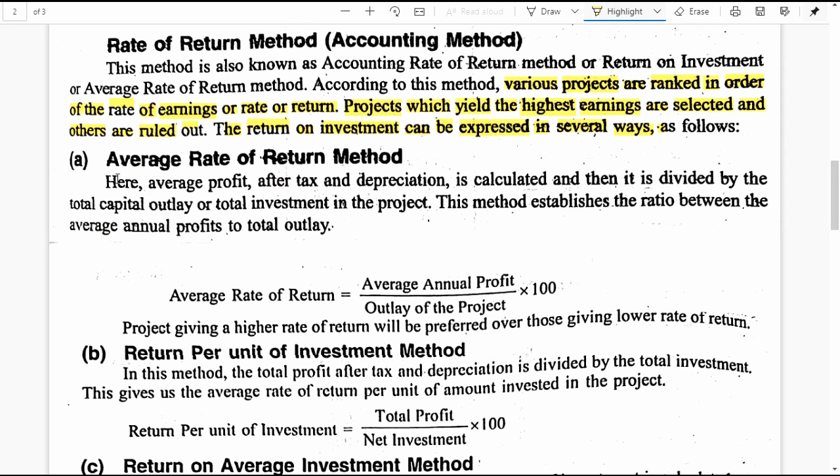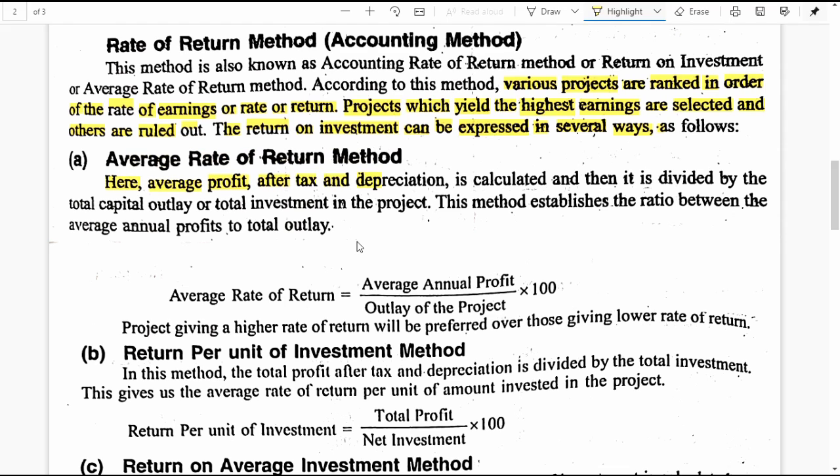The first one is the average rate of return method. Here the average profit after tax and depreciation is calculated and then divided by the total capital outlay or total investment in the project. This method establishes the ratio between the annual average profits and total outlay. First we sum up the total profits from the project for the entire lifetime of the project.